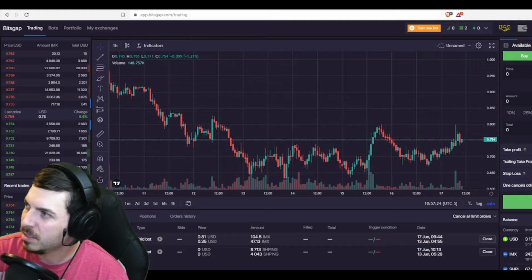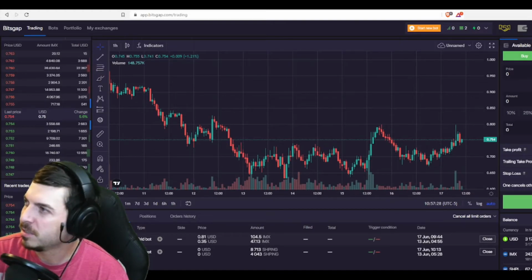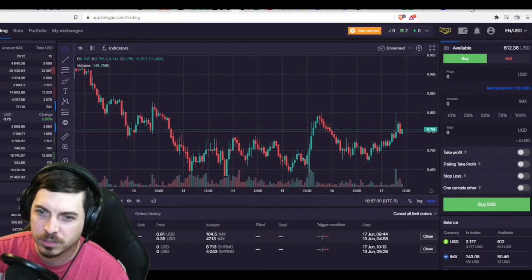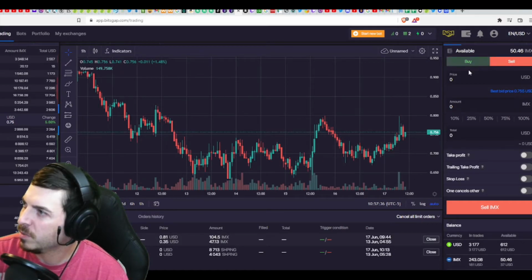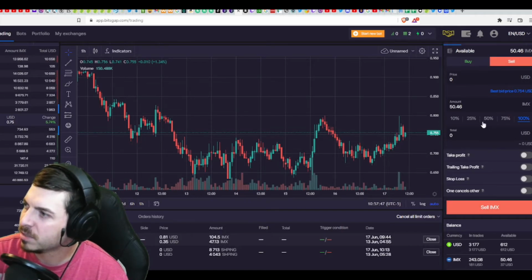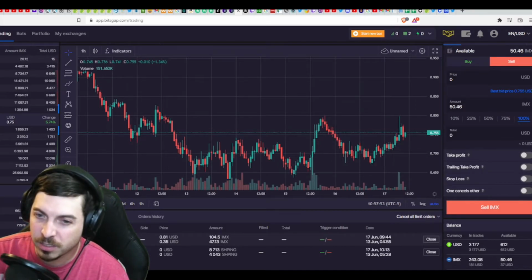And then up in the top right, you would select sell. And then we can do 100%. And then sell IMX. And that will sell all 50 of those tokens that are sitting in my balance.